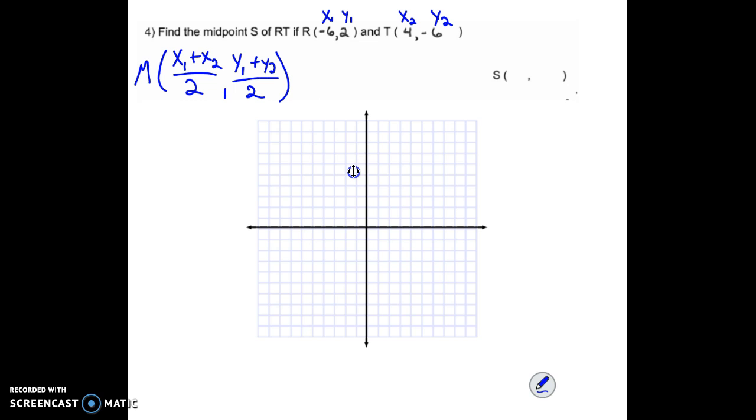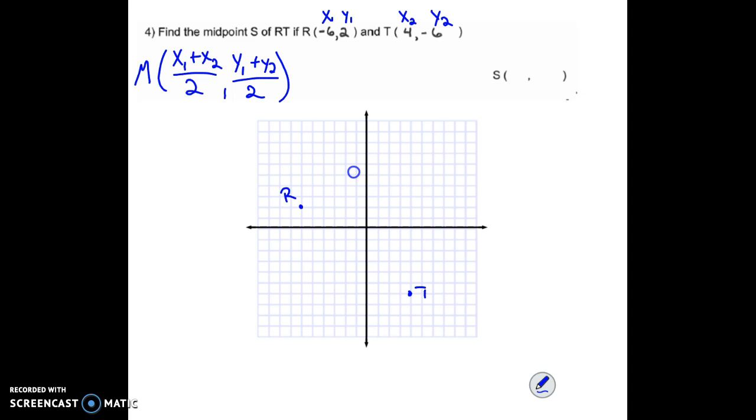And the reason I know that is, find the midpoint S. S is between R and T. So if I want to plot this out, R is -6, up 1, 2, 3, 4, 5, 6, up to 1, 2. So here's R. And T is 4, -6. 1, 2, 3, 4, 5, 6 down here.